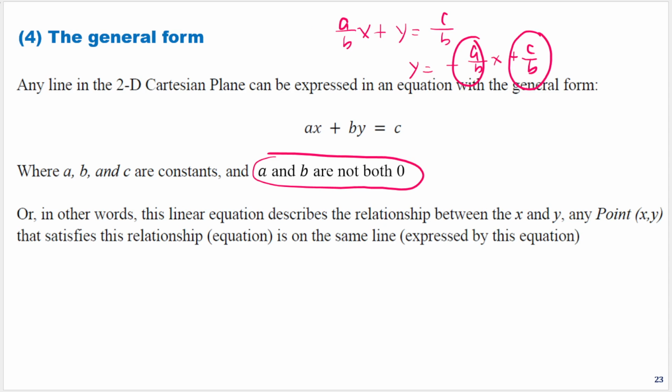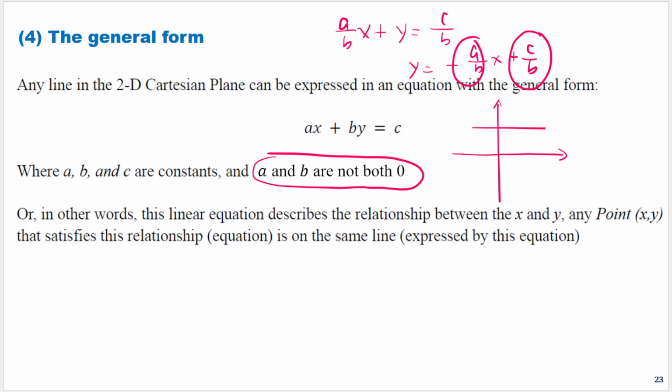And any special line, for example, the line that is parallel to the x-axis can also be expressed using this equation, because in that case, we know that line should be, there is no x there, right?